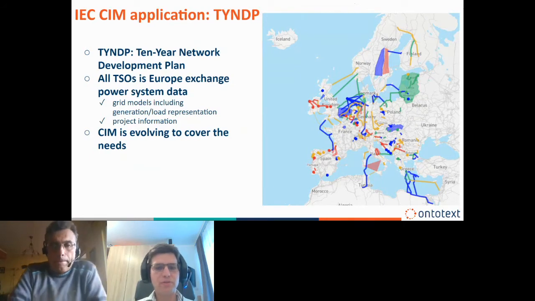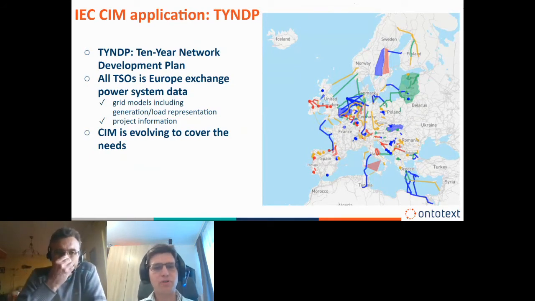And in order to study these situations for 2030 or for 2040, grid data needs to be exchanged, scenario data needs to be exchanged. And talking about many parties here, more than 40. So CIM was selected to be the governing semantic model for that purpose.